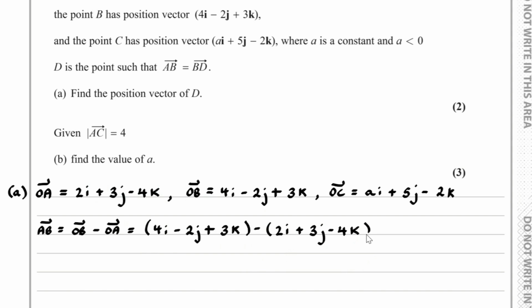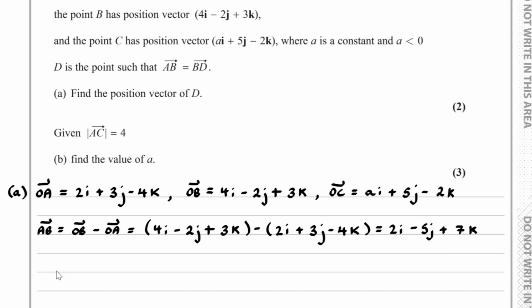And working this out, it turns out we get 2i minus 5j plus 7k. So that's the vector AB.